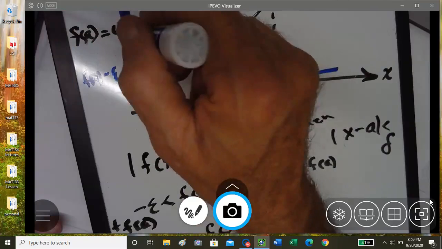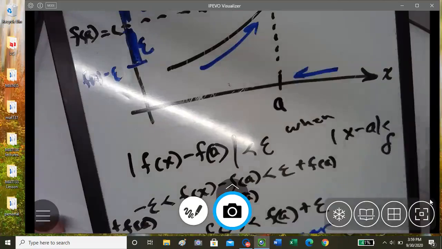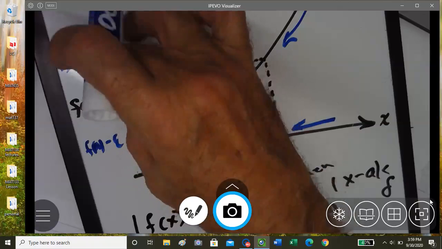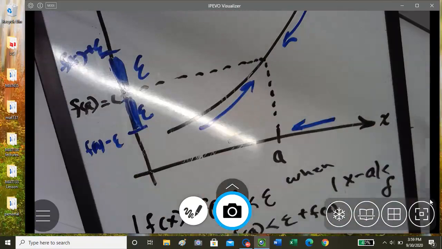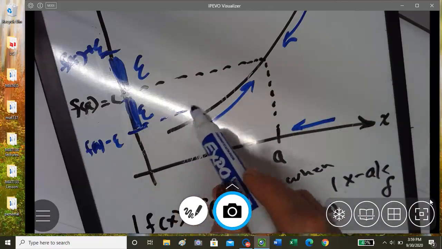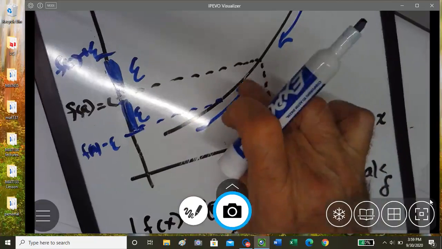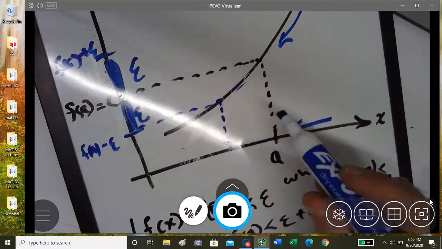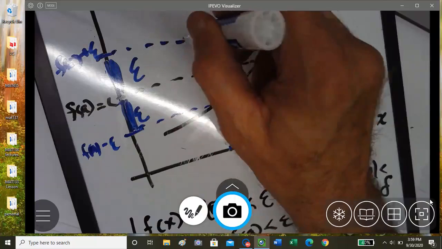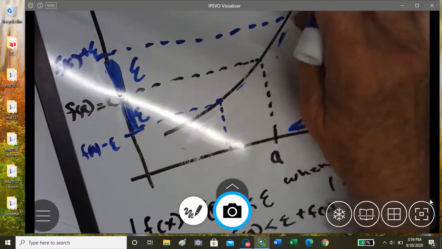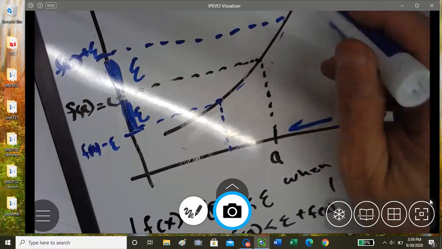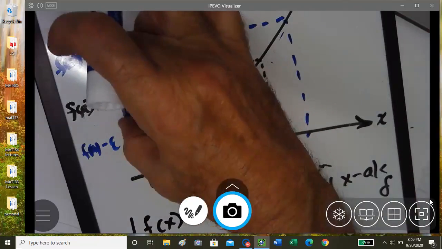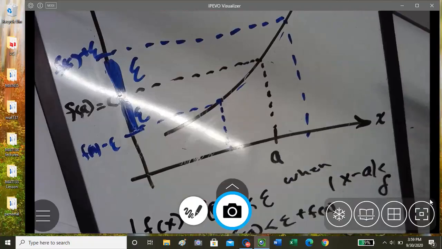If we want to get within a certain range close to our limit, then we're saying if we want an epsilon, we can find a delta that can guarantee getting within this window of epsilon.